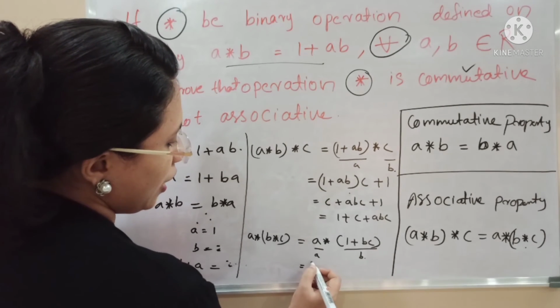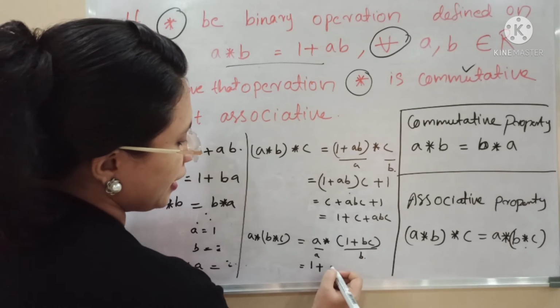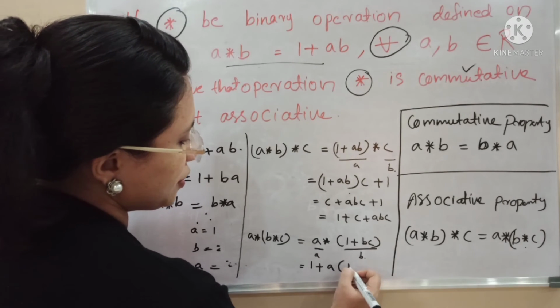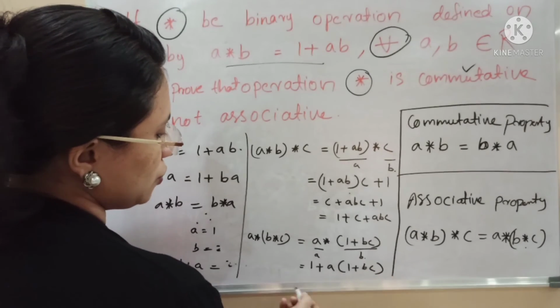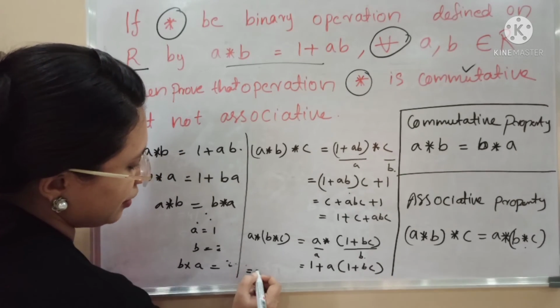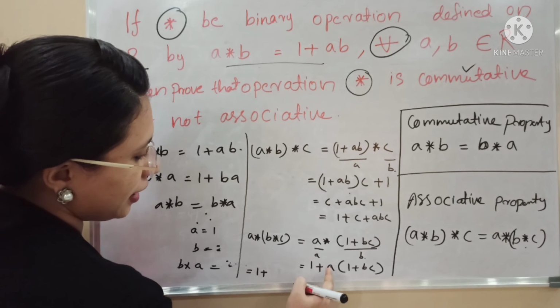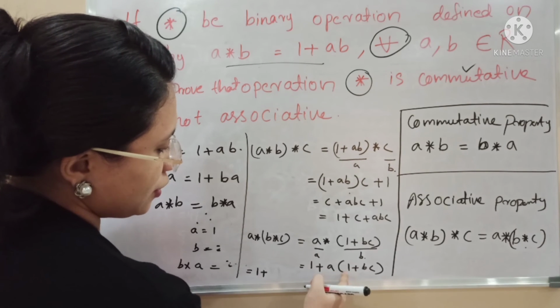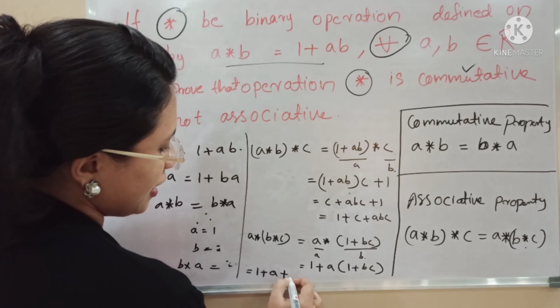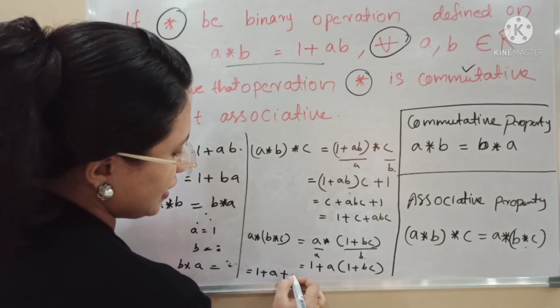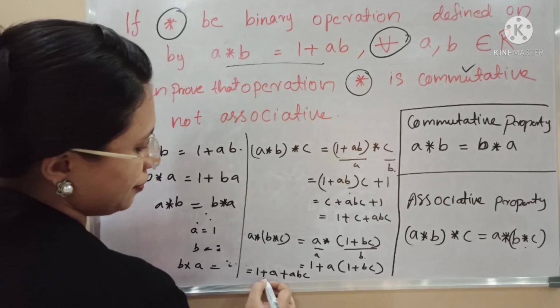So it will be 1 plus a times (1 plus bc), right? So what will it be? 1 plus a should multiply inside. So a times 1 is a, and a times bc is abc.